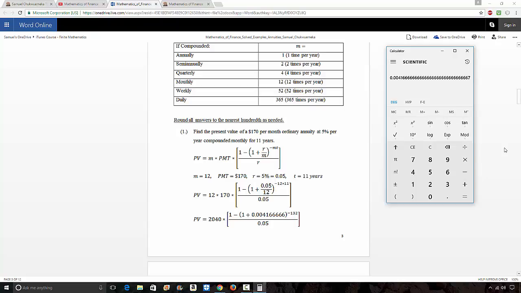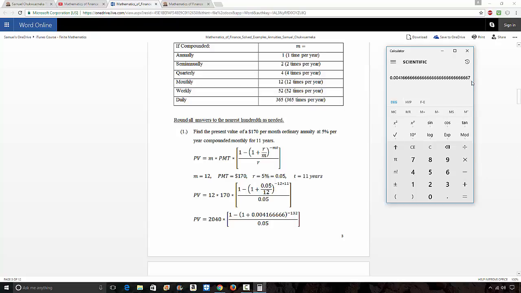You only round the final calculation. You do not round intermediate calculations because you don't want any rounding errors. Okay, remember that even 1 cent matters a lot in finite math, in mathematics of finance. Okay, even 1 cent matters a lot.